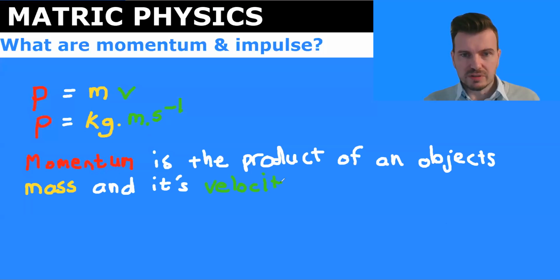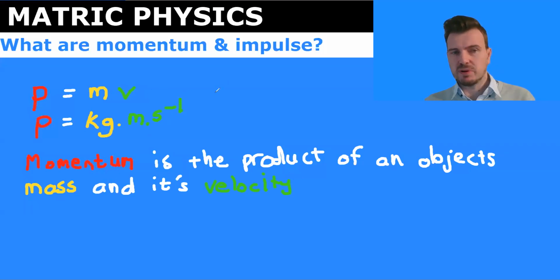To get full marks for this question, we would also need to make sure, because we know mass is a scalar, but velocity is a vector. Remember that when we did vectors and scalars last week, speed was a scalar, velocity has both magnitude and direction.